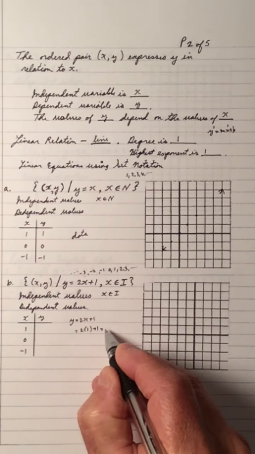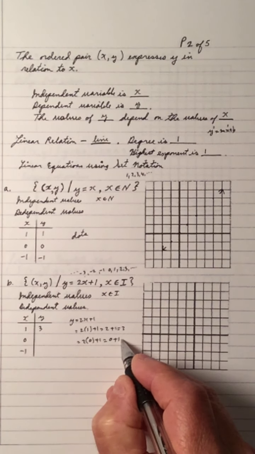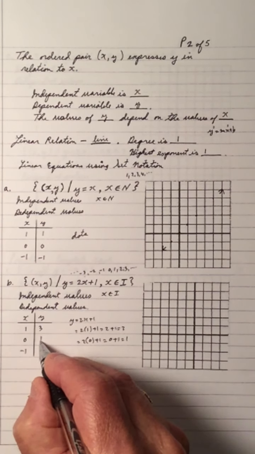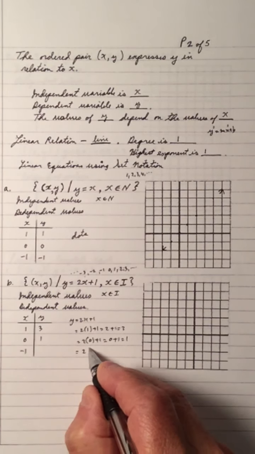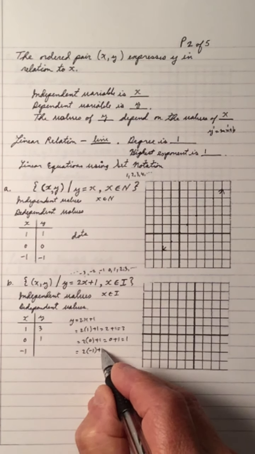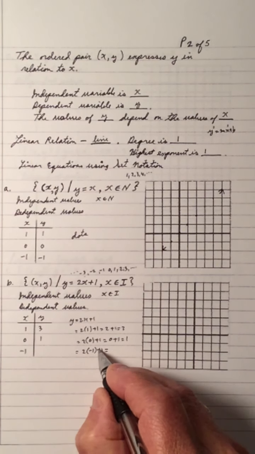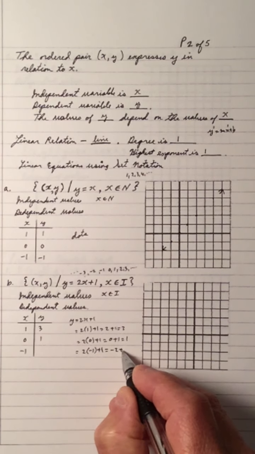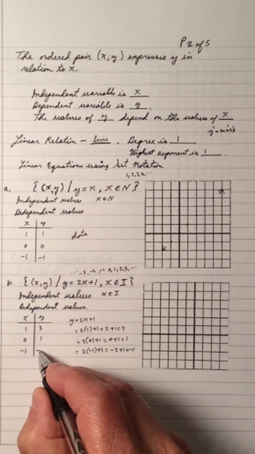That gives me 2 plus 1, which is 3. I'm going to fill in 0 for x. That gives me 0 plus 1, which is 1. And I'm going to fill in negative 1 for x. That gives me negative 2 plus 1, which is negative 1.